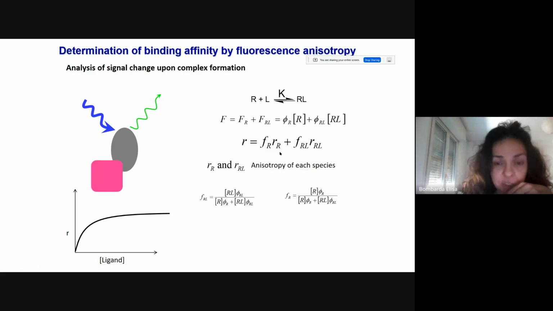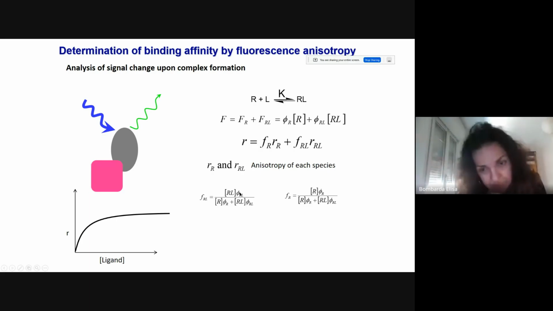and the fraction of species is represented like this, and as you see, it is not only a fraction in concentration, but a fraction also taking into account the weight with which they contribute to the signal. So that is important.